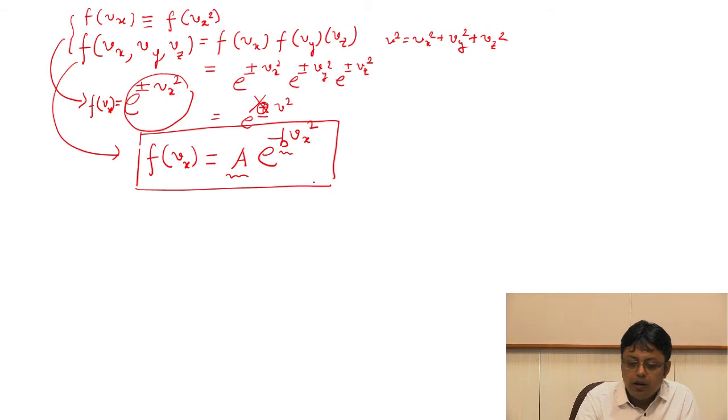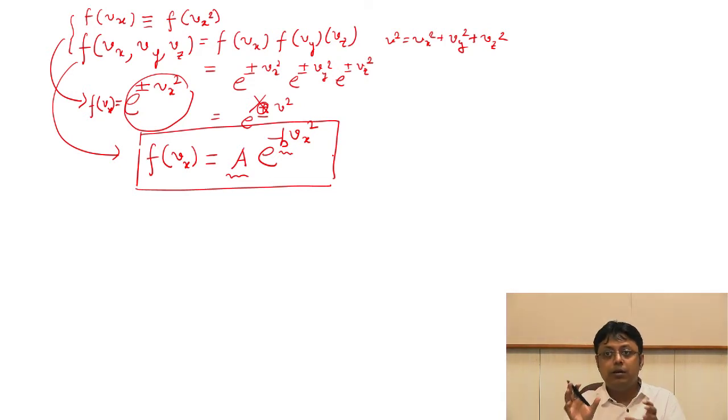And similarly, f of vy will be a into e to the power minus b vy square, because a and b are arbitrary constants which are independent of the direction. It is just the functional form. It doesn't matter whether it is x, y or z. If it is fx, the corresponding term will be vx; if it is fy, it will be vy; if it is fz, it will be vz.